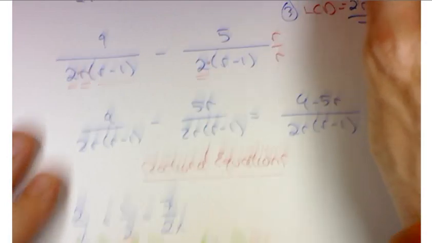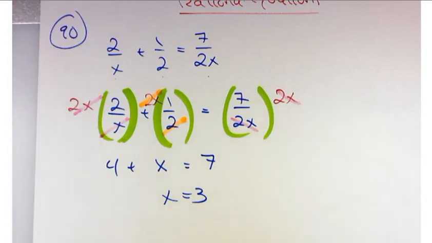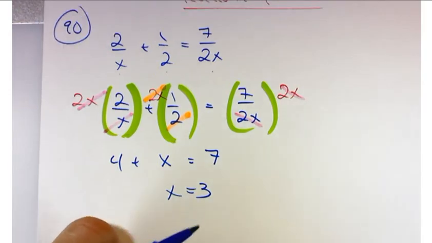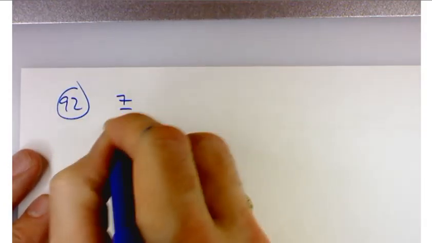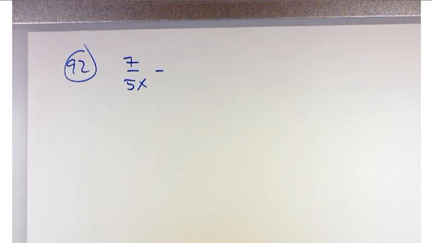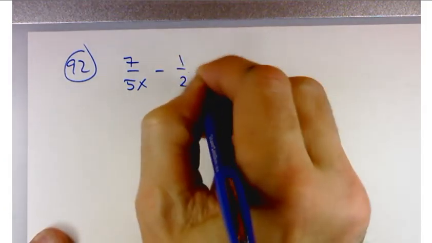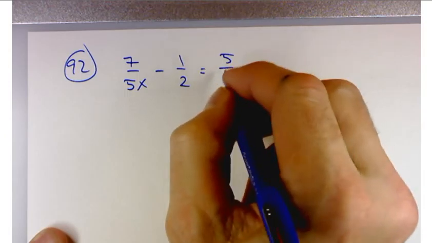Let's try some more. Problem number 92. Seven over 5x minus 1/2 equals 5 over 6x plus 1/3.